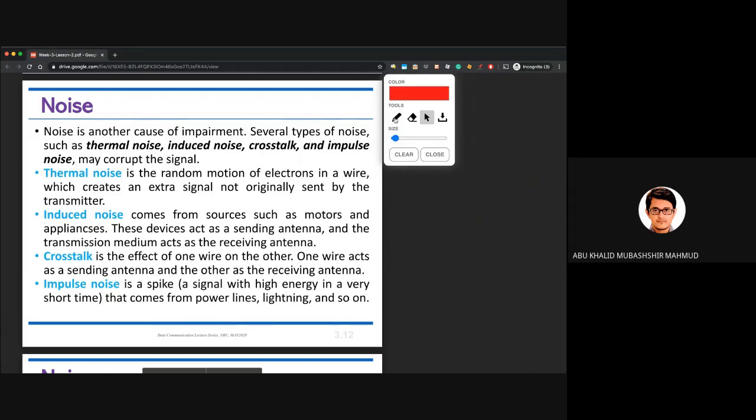There are several types of noise that we are seeing in this slide: thermal noise, induced noise, crosstalk, impulse noise, etc. Some of us are familiar with the land phone or TNT phone in our country.